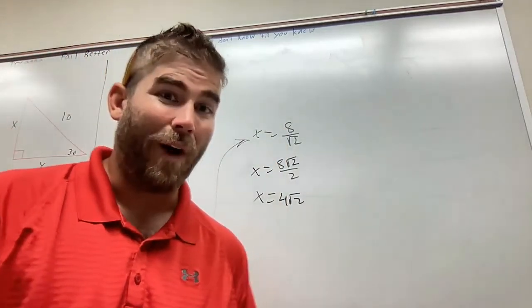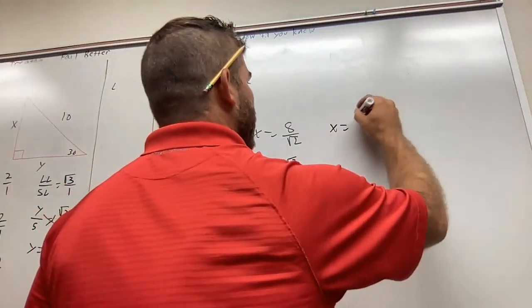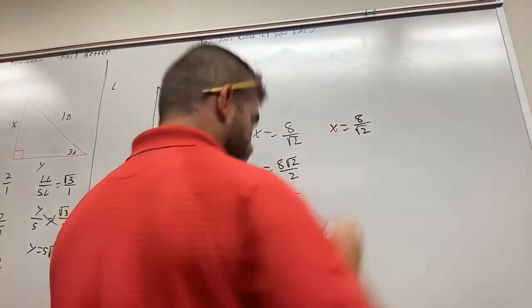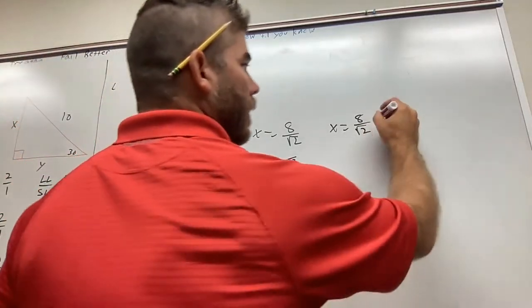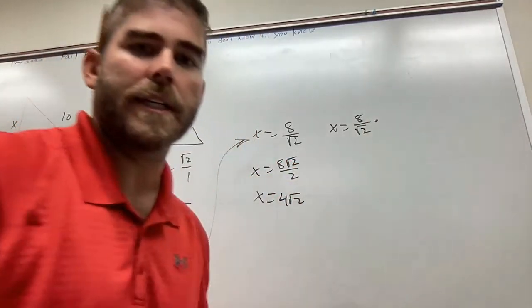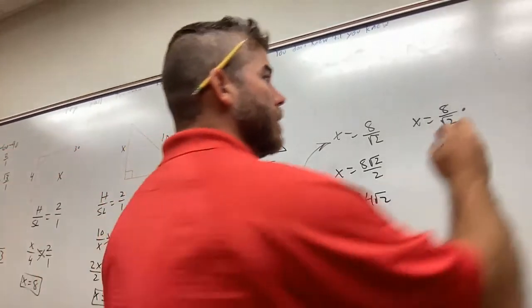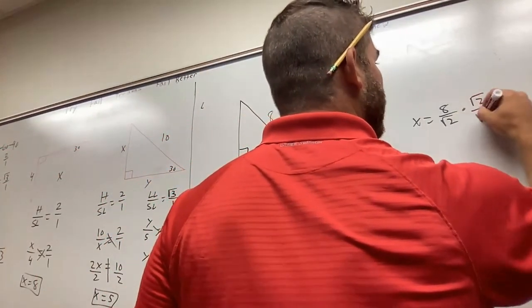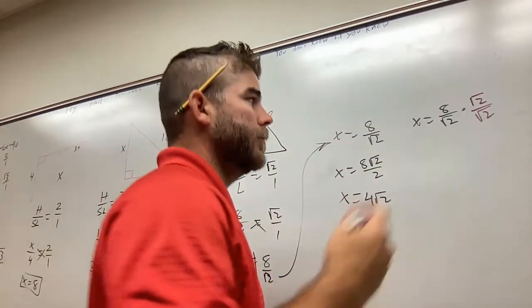Now, mathematically, why that works is if I have this, again, 8 over radical 2. We'll switch colors here. So what I would actually have to do is we need to rationalize the denominator. We're not supposed to have radicals in the denominator. So we rationalize it. I have radical 2 divided by radical 2, or times radical 2, sorry. So radical 2 over radical 2 multiplying.